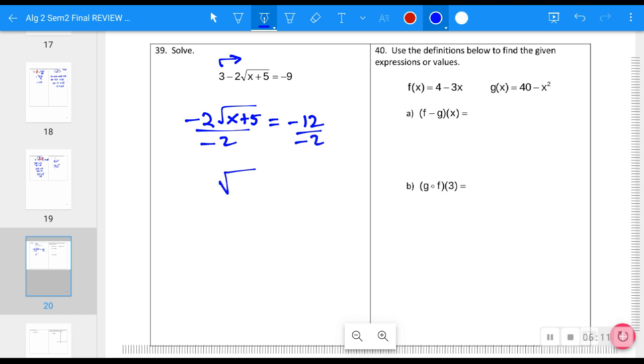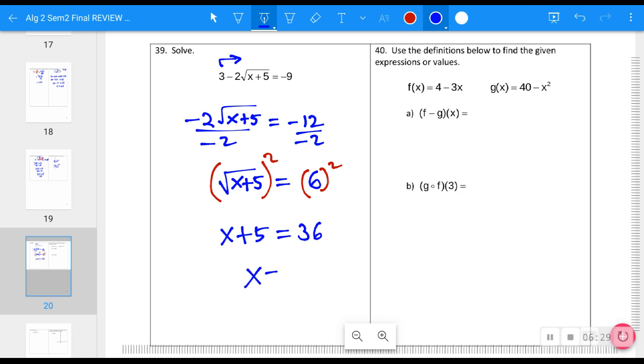And we accomplished our preliminary goal, which is get the radical by itself. Now what you do at this point is you get rid of the square root by squaring both sides, which then gets us x plus 5 equals 36. Subtracting 5, our final answer is 31.